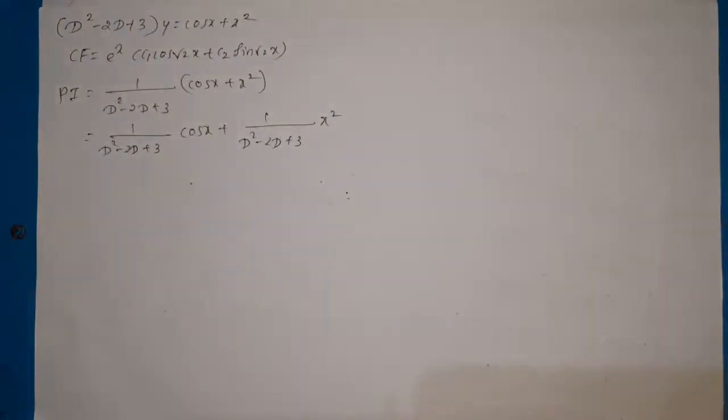Next example is (D² − 2D + 3) y = cos x + x². Here we have two different functions on the RHS, x² and cos x. Therefore, while finding the particular integral, we need to find it separately for each function.